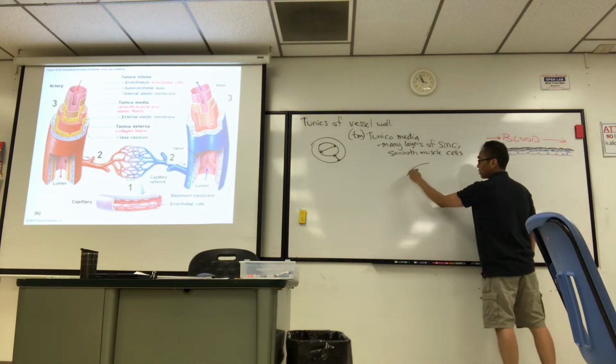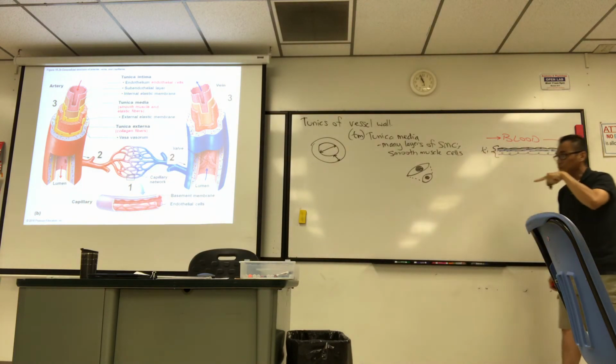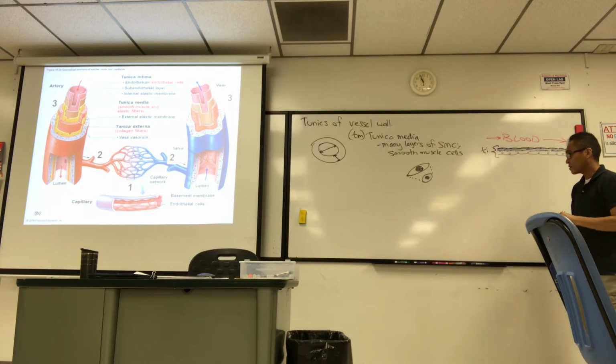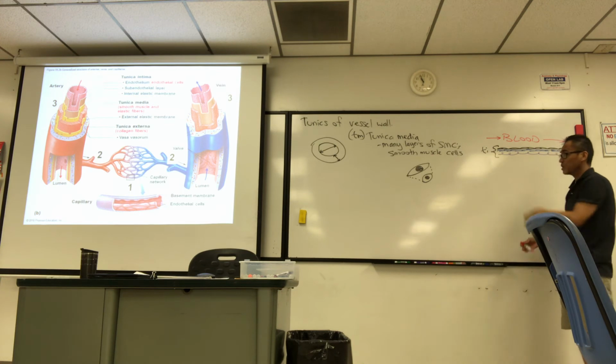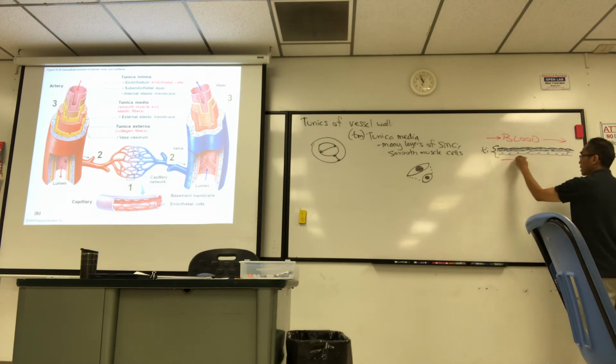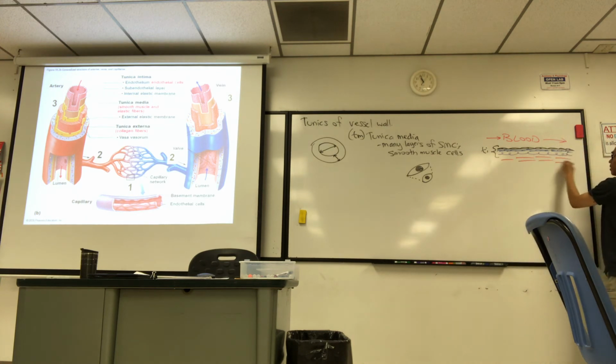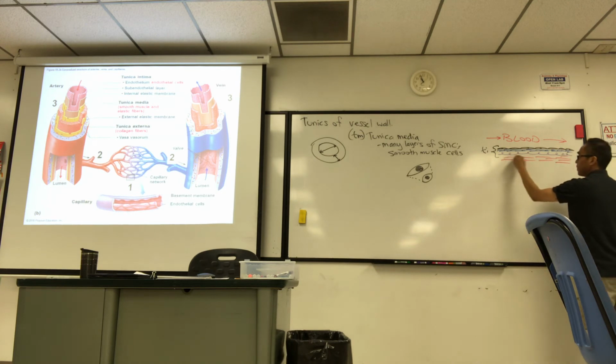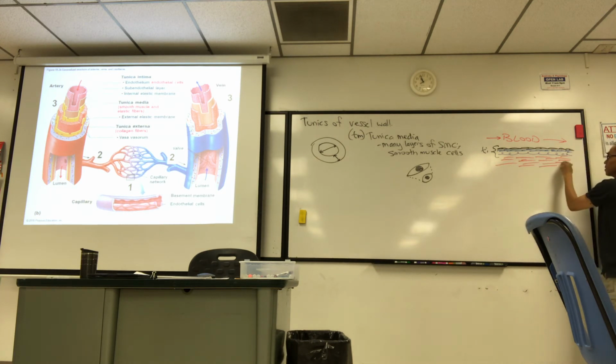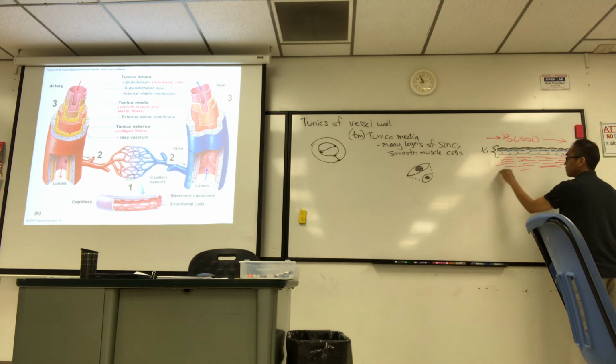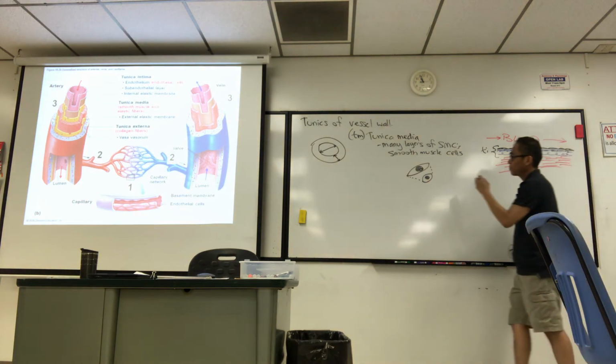It's like a solitary spindle-shaped cell with a solitary nucleus. And when they contract, they kind of bulge up like that. But they're arranged in a circle, and you have many of them. And I don't want to draw a bunch of individual cells. Let me just draw like many red lines to symbolize many layers of smooth muscle cells within the TM.